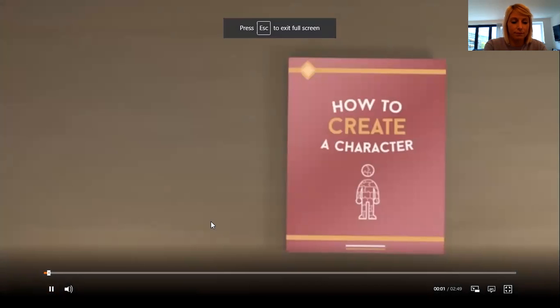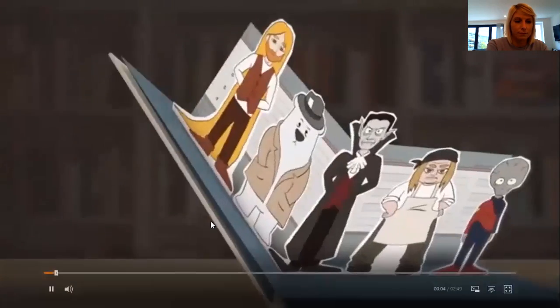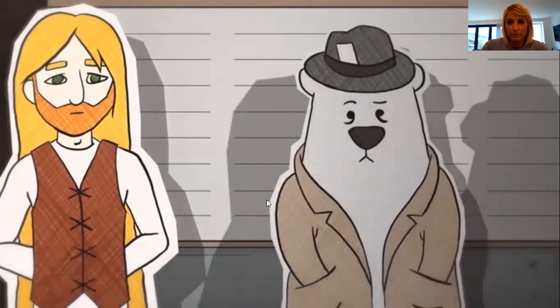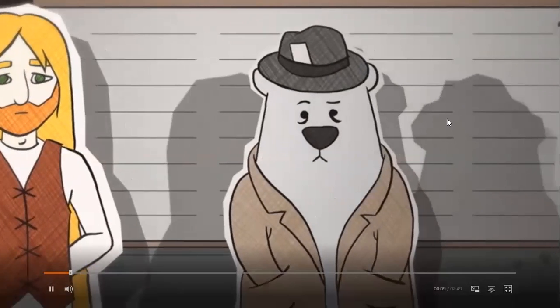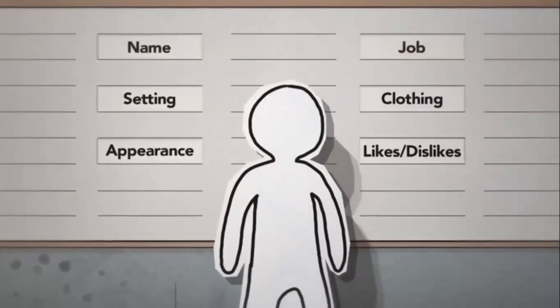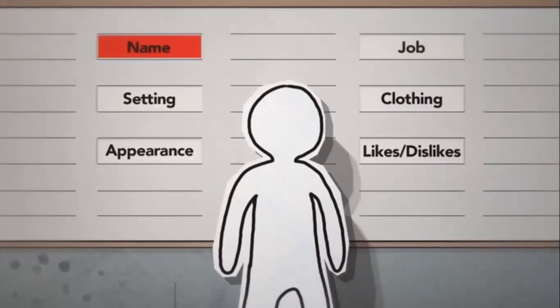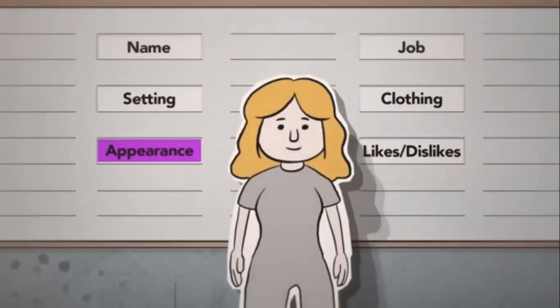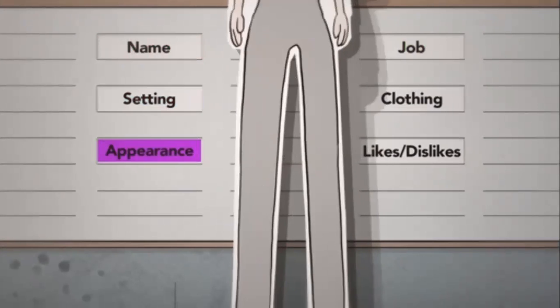How to create a character. Every good story needs strong characters. You could write about characters you already know from books, films, or television, but it's much more fun to start with a blank slate. Then you are in charge of everything. You could start anywhere. Your character's name, their job, where they live. How about physical appearance? What do they look like? Firstly, is the character male or female? Let's make her a female. Should she be tall? Not that tall.